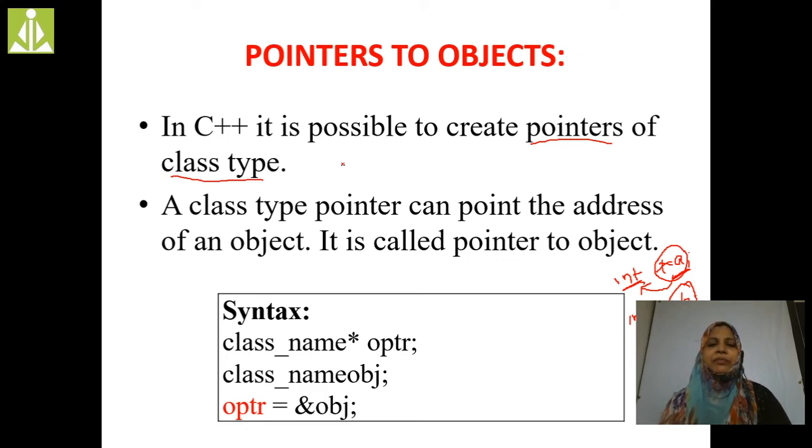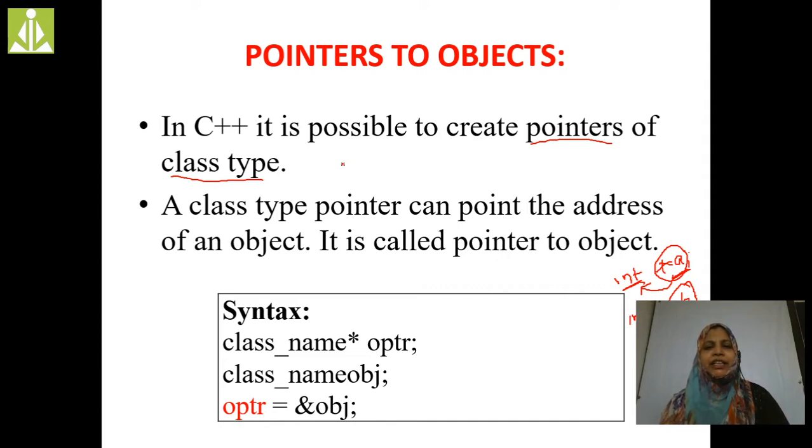To access them, we have to create an object for that class. Without using the object, is it possible to access the data members and member functions of the class? No, we can't.